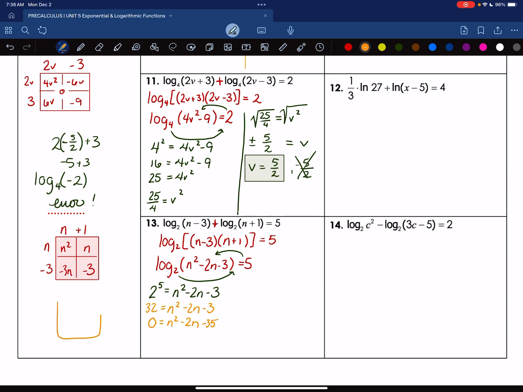So let's use our area model again. Love the area model. We use it all the time here, don't we? Okay, 35. That's got to be a 5 and a 7, and that 7 must be the negative 1, so that we have a negative 2n.